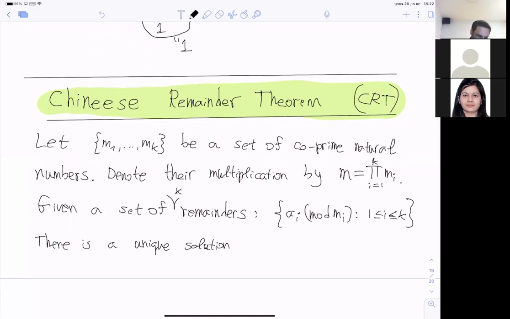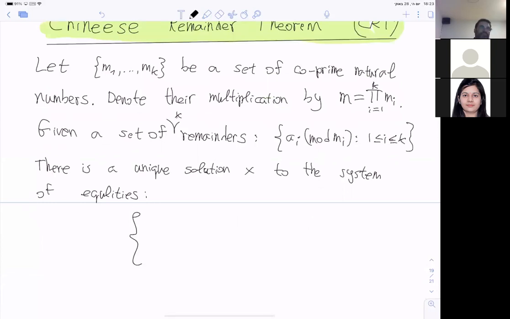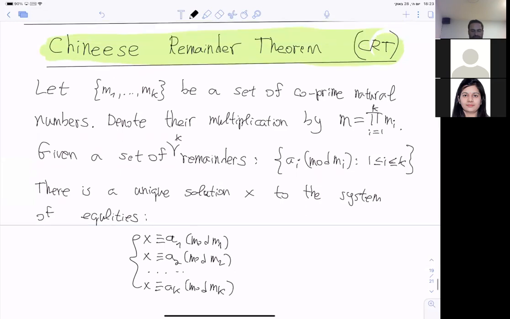You have a unique solution X to the system of equations, which is X is congruent to A1 modulo M1, and X is also congruent to A2 modulo M2, until K. Okay, this is the theorem.